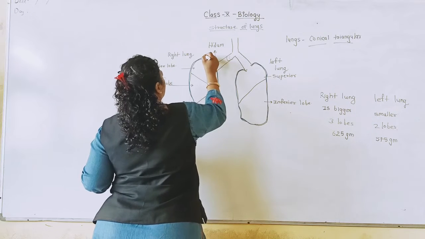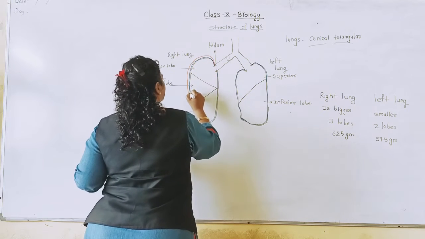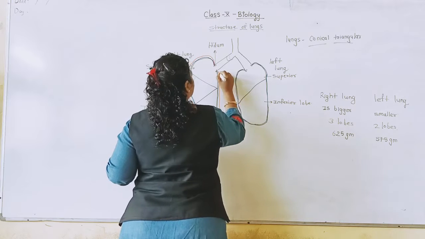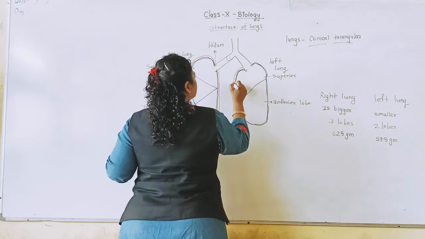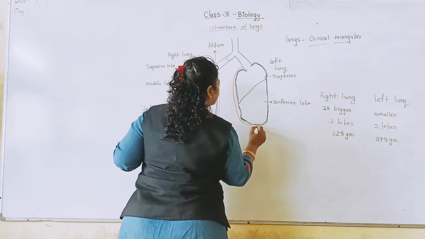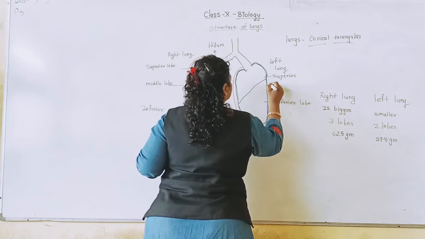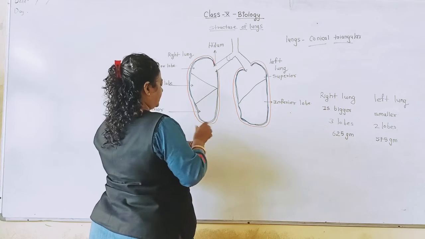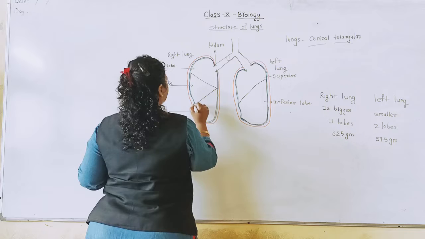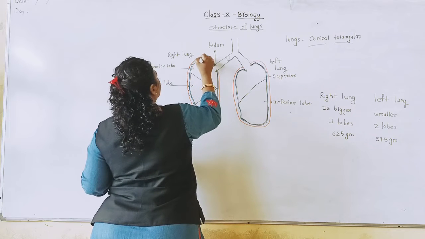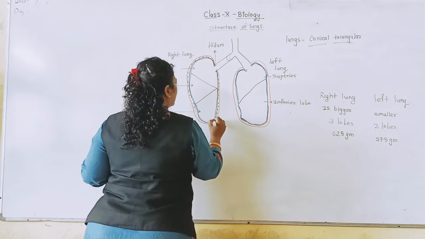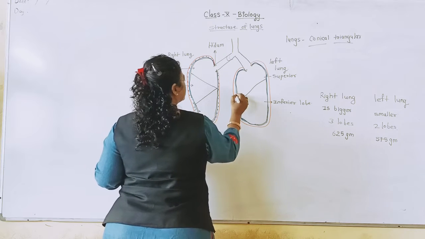There will be 2 membranes on both the lungs. How many membranes, students? There will be 2 membranes. And in the middle there will be fluid.